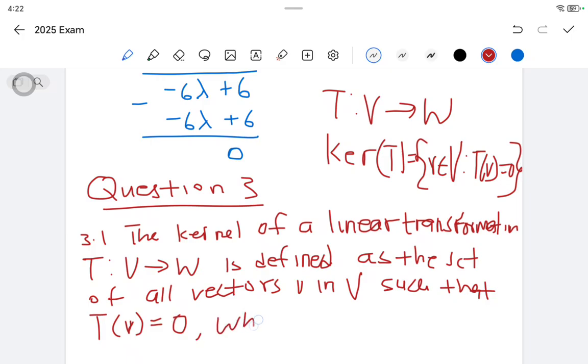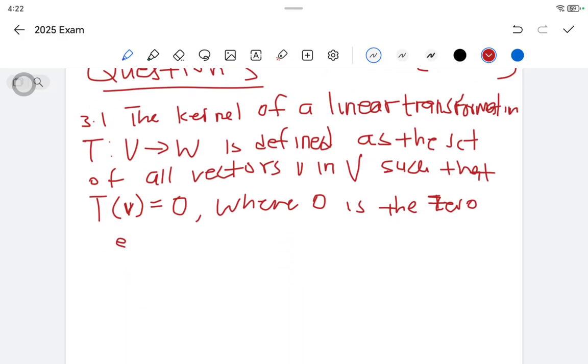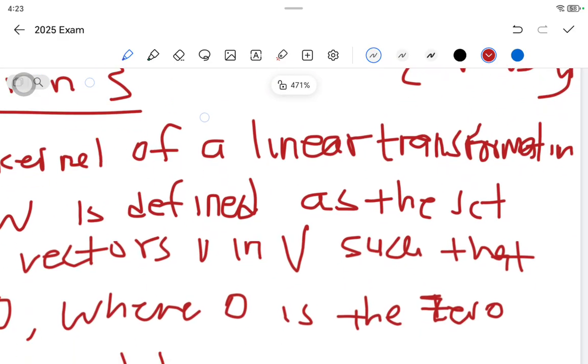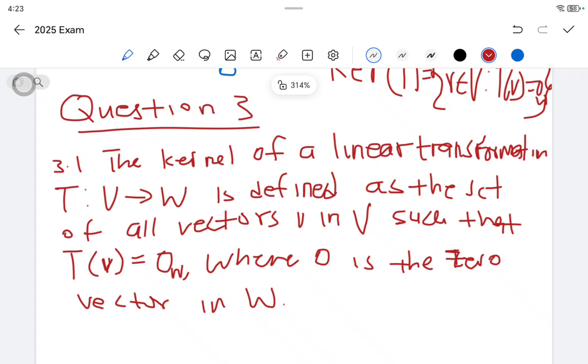So we can specify that 0 is the zero vector in W. Or you can just say W, then you don't have to say all these. You see, right?